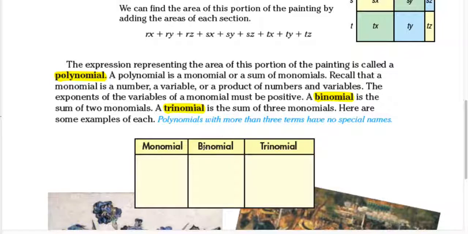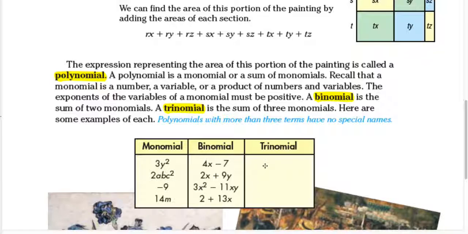Here are some examples of each. So we know what monomials are: 3x squared, 2abc squared, negative 914m, because of the definition of a monomial. A binomial is the sum of these monomials. So 4x minus 7 is a binomial, 2x plus 9y is a binomial, all the way to 2 plus 13x. And finally, you have a trinomial. Remember, in a binomial, you have only two terms: 4x and 7, or 4x and negative 7 are your two terms.